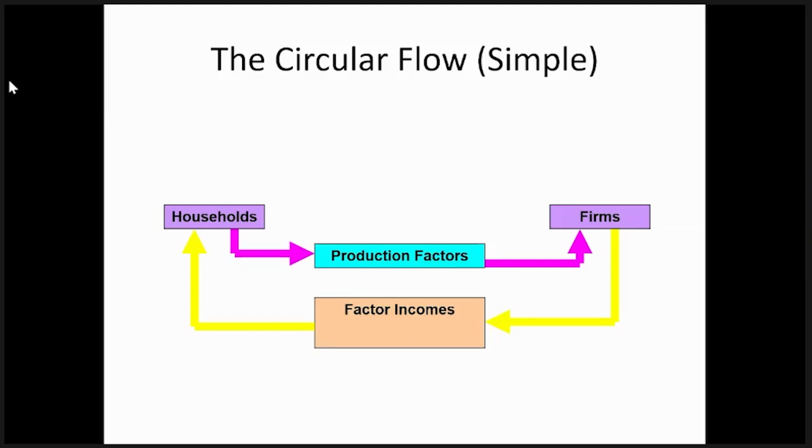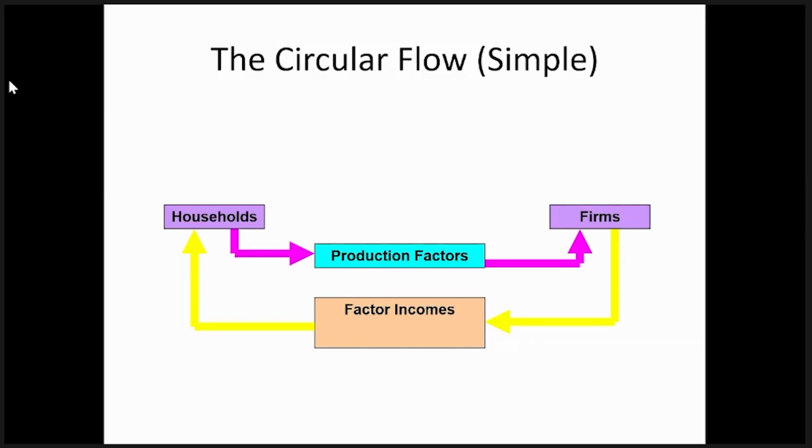And also firms pay interest rates. If they take capital from households, they will pay interest rates. And they pay wages. When firms get labor from the households, firms pay wages. And when firms take entrepreneurship from the households, firms pay profit.